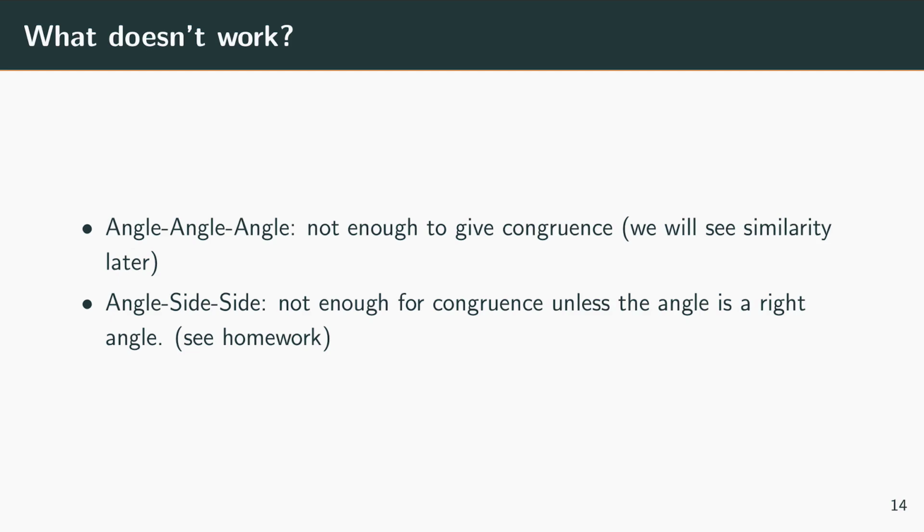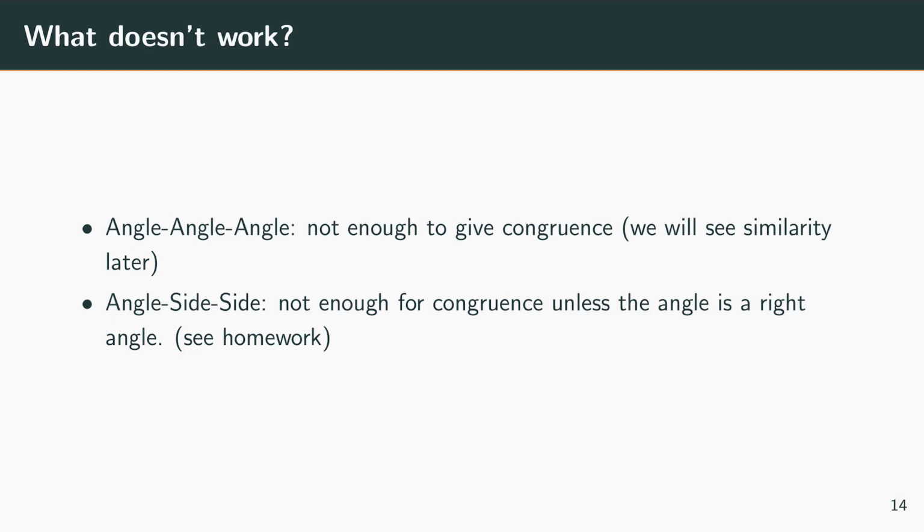Then angle-side-side is not a congruence theorem. We can construct examples of two triangles that have corresponding angle-side-side, and you can end up with two non-congruent triangles with that property. It is what it is. However, if the angle happens to be a right angle, then it's a theorem.